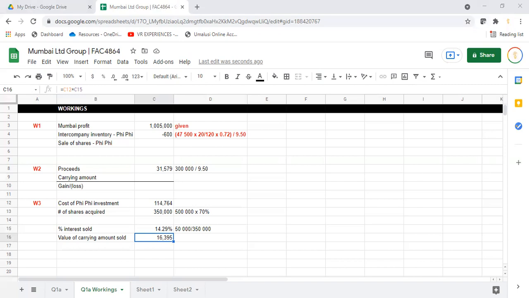I just want to fix that up quickly. I made a mistake. This is not our cost. Our cost is going to be 1.6 million. We paid 1.6 million, and we're going to divide it by the exchange rate at 1 September 2017. Let me just see quickly.